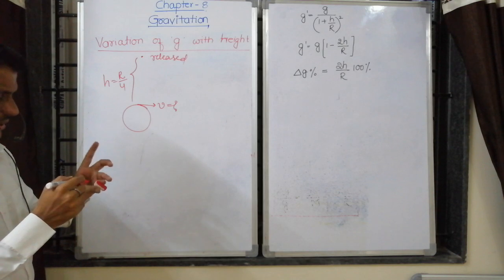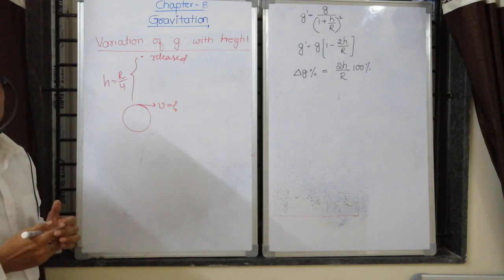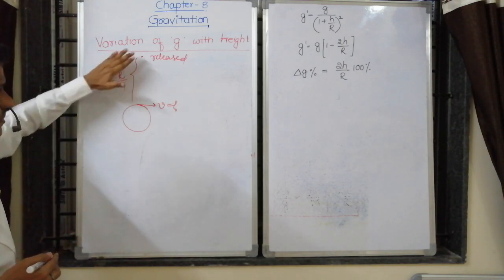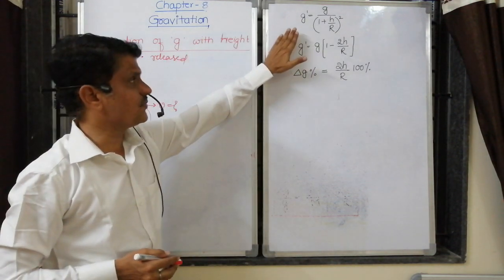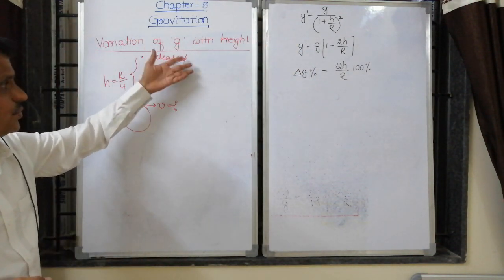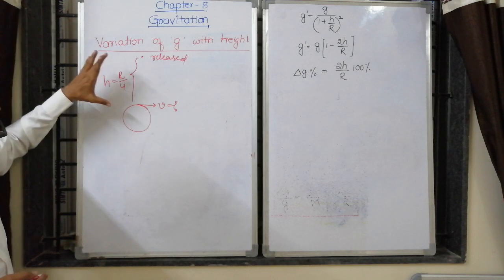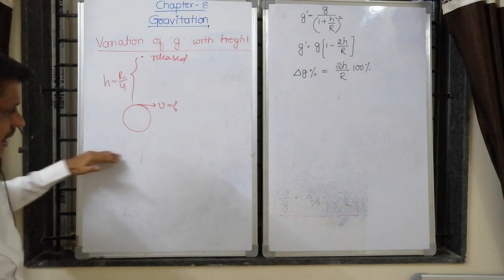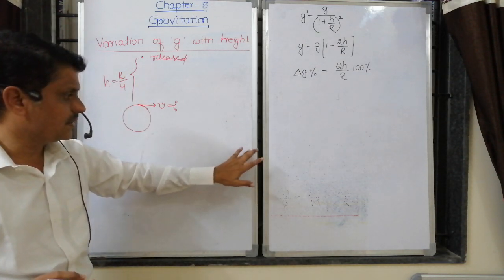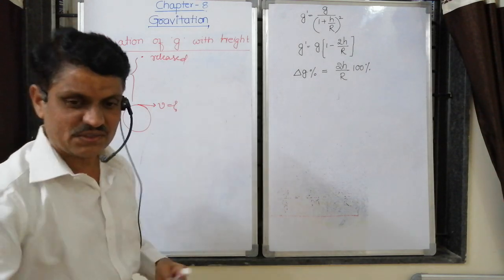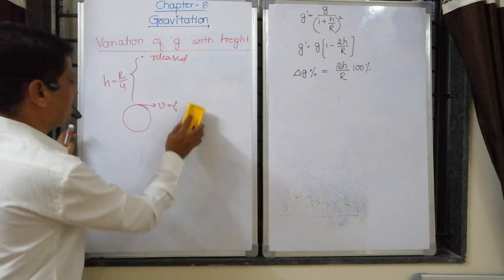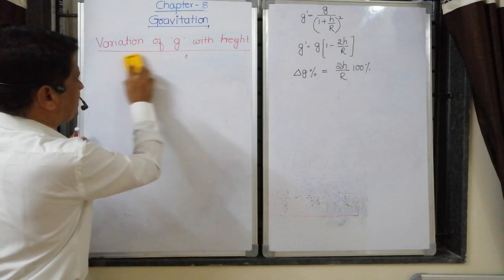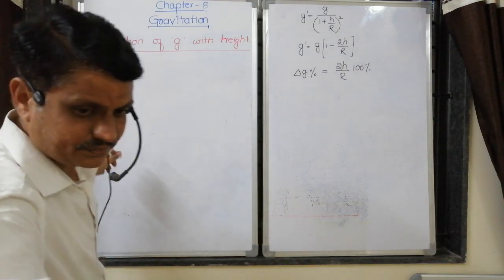This is also a question based on variation of g. But if I solve these two questions using these formulas, calculation becomes too lengthy. But if I use the law of conservation of energy, the answer will be obtained in one step. That's why I'll solve these questions using the law of conservation of energy only.